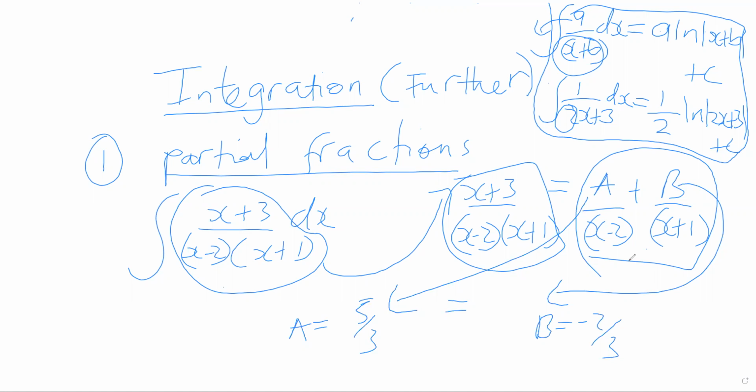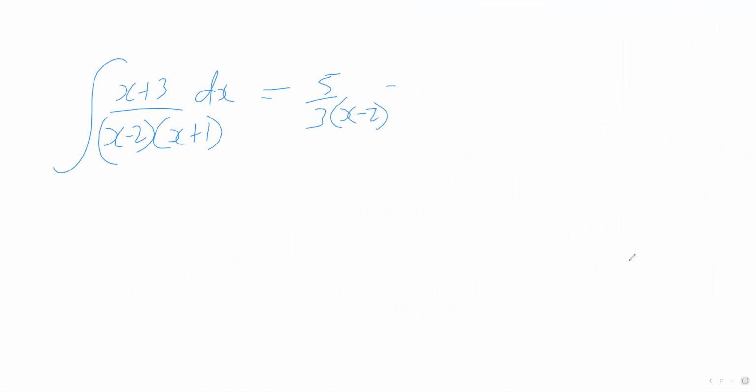After you've done your partial fraction, this function, x plus 3 over x minus 2, x plus 1 dx, can now be broken down into 5/3 over x minus 2, that was A, B was 2/3, as I wrote it, 2/3, over x plus 1.